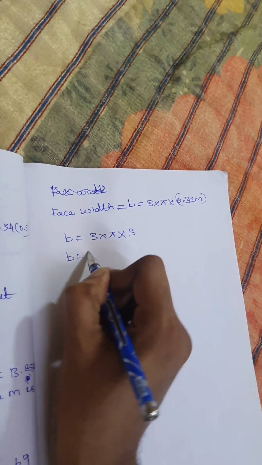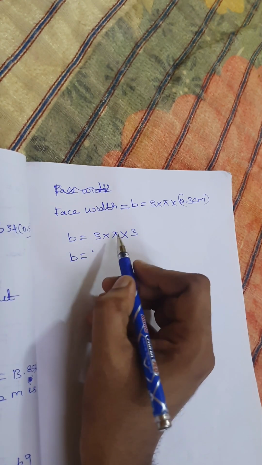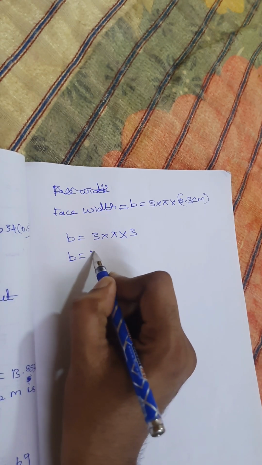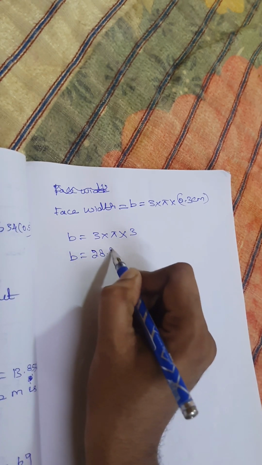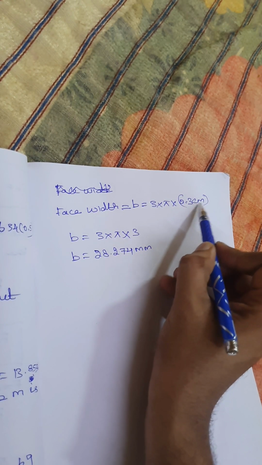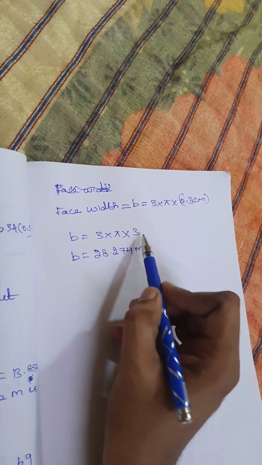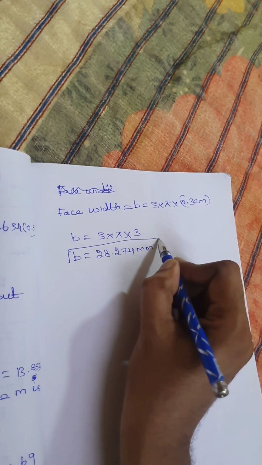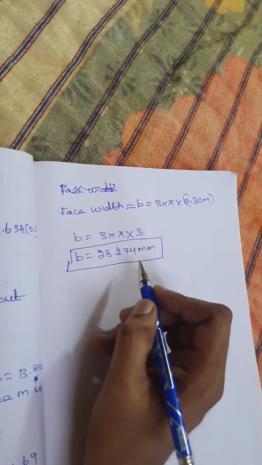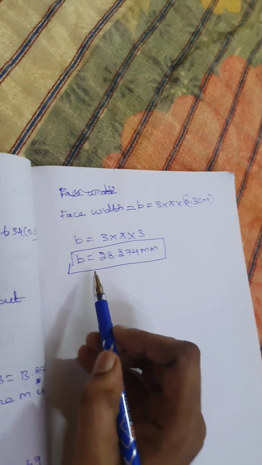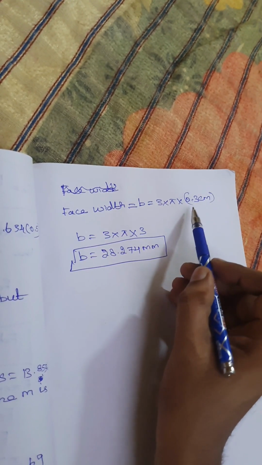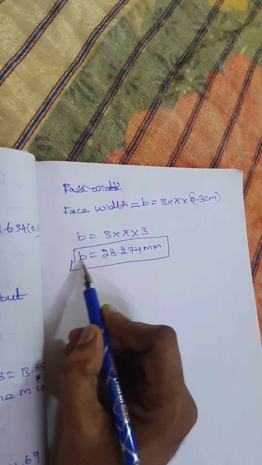If we calculate this value in the calculator, then the value of b will be 28.274 mm, because we have changed the unit from centimeter to mm. So the final value of b is 28.274 mm. Now we have completed step 1. We have found the value of m as well as the value of phase width b.